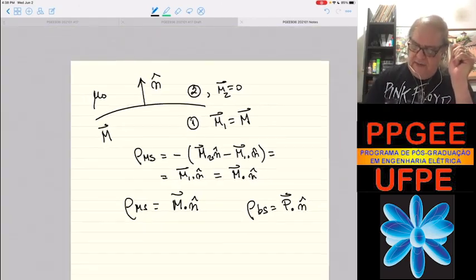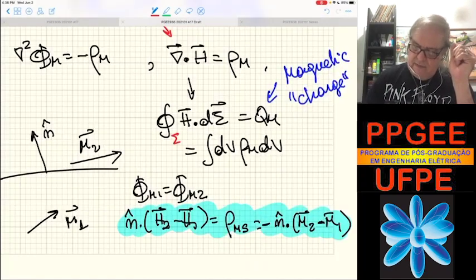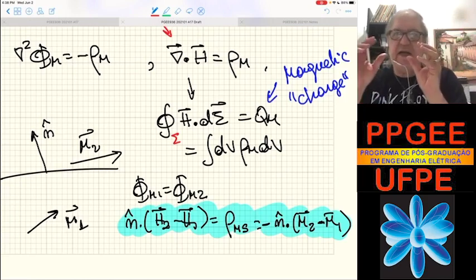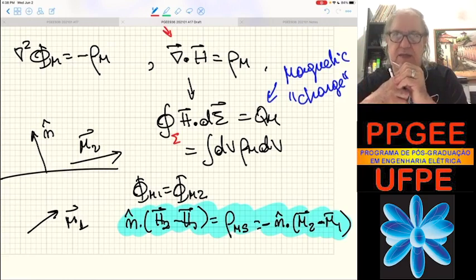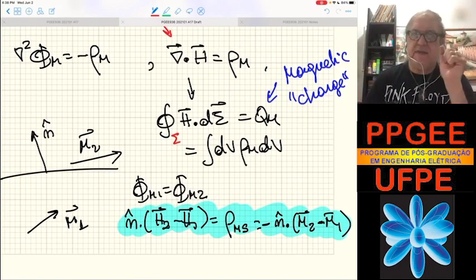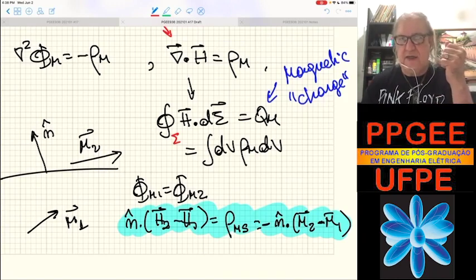So in summary, these are the conditions. Magnetic charge is very similar to polarization charge. The equation that defines it is the same: minus the divergence of M is the volume density of magnetic charge.